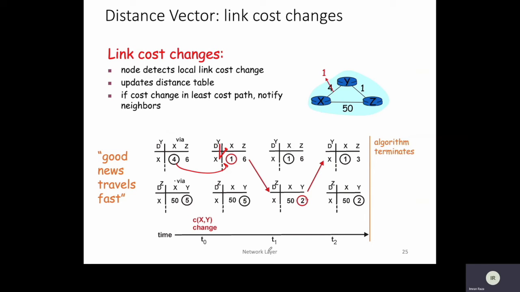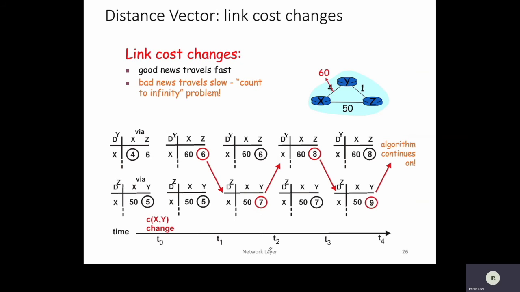Okay, but look at the other scenario. What if the least cost has changed from 4 to 60? Then what do you think? How many iterations are required? Do you think that the algorithm terminates in a couple of iterations? No, right? It's bad news, and bad news travels slowly.